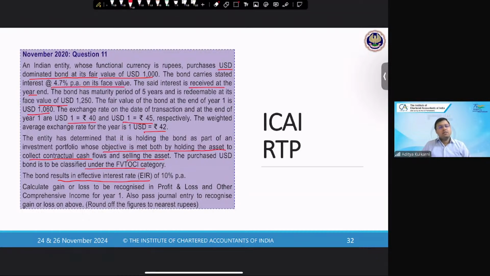What Ind AS 109 tries to understand is, when you are making investments in bonds, in shares without a controlling stake, in equity shares, in mutual funds, what is the intention behind making this investment?